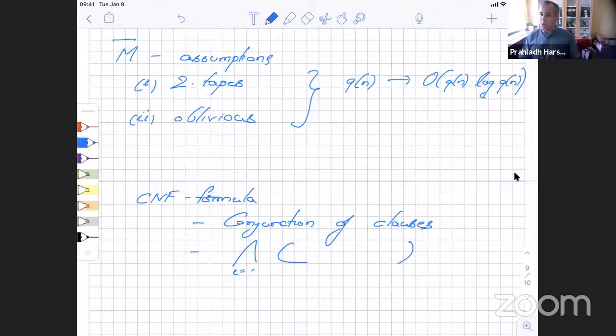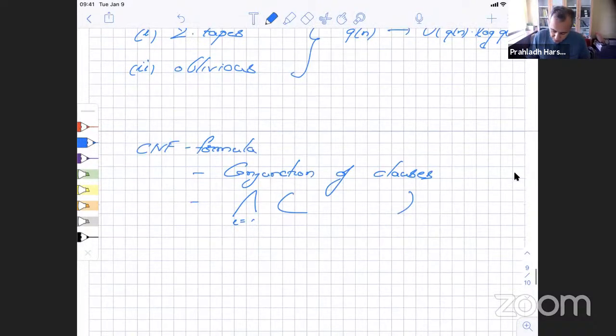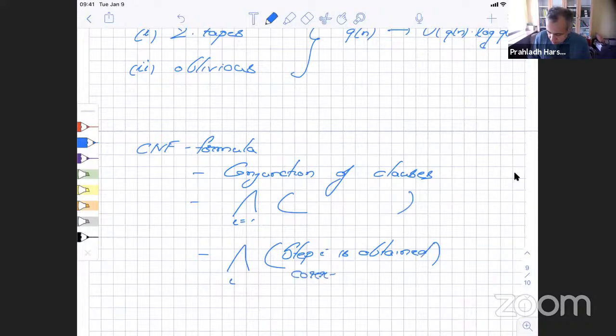So what does computation mean? What is a Turing machine computation? It says, I start with an initial state, then I do step by step, I do some computation and come to a final step. If every single step is done correctly, then the whole computation is correct. You need to check that it's a computation. So what we'll try to do is, this AND will actually be checking, in some sense, step I is obtained correctly from step I minus 1.